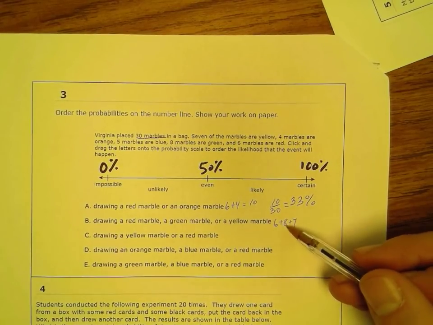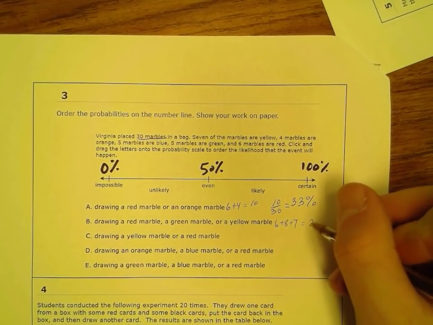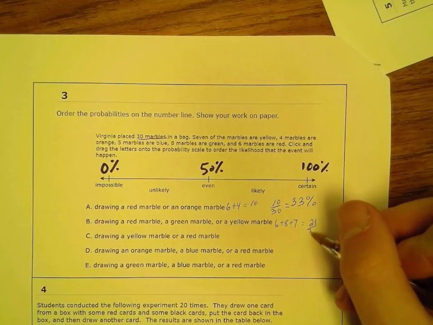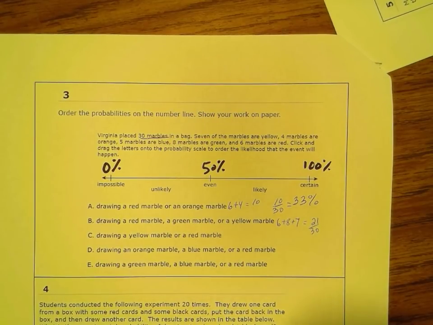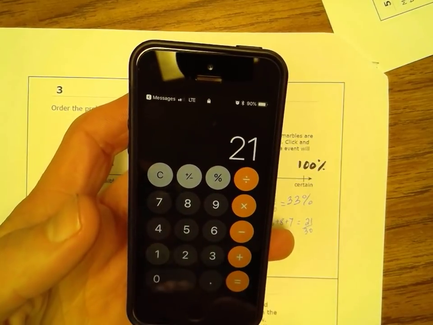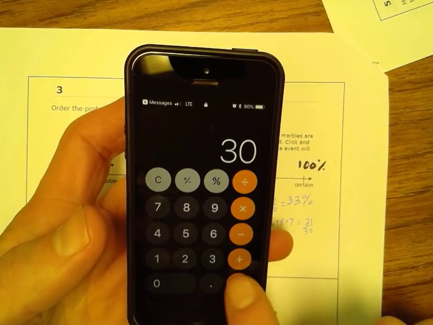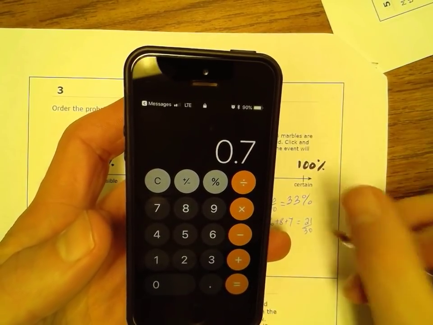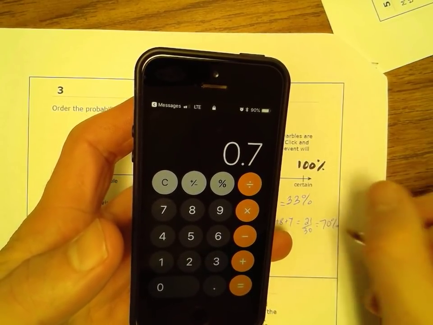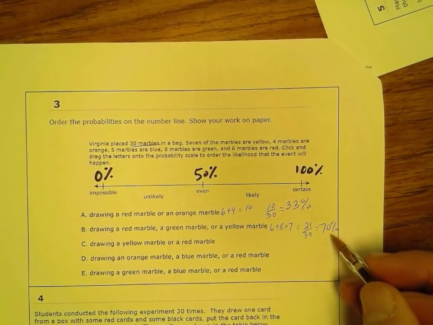So 6 and 8 is 14, plus 7 is 21. 21 out of 30 are either red, green, or yellow. So on the calculator, 21 divided by 30 right here to get my decimal, which is 0.7, which equals 70%. So that's B. 70% for B.